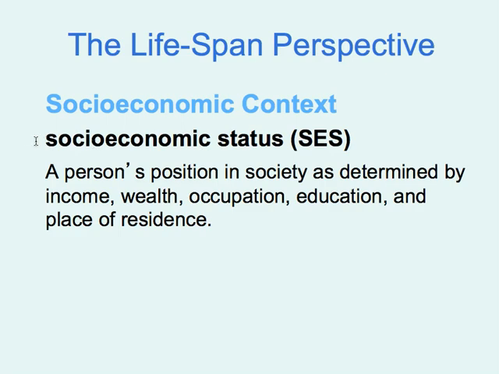That is, people of a high socioeconomic status tend to share certain aspects of their income, wealth, occupations, education, etc. Whereas those with lower socioeconomic status tend to have different income levels, different occupations, different levels of education, etc.